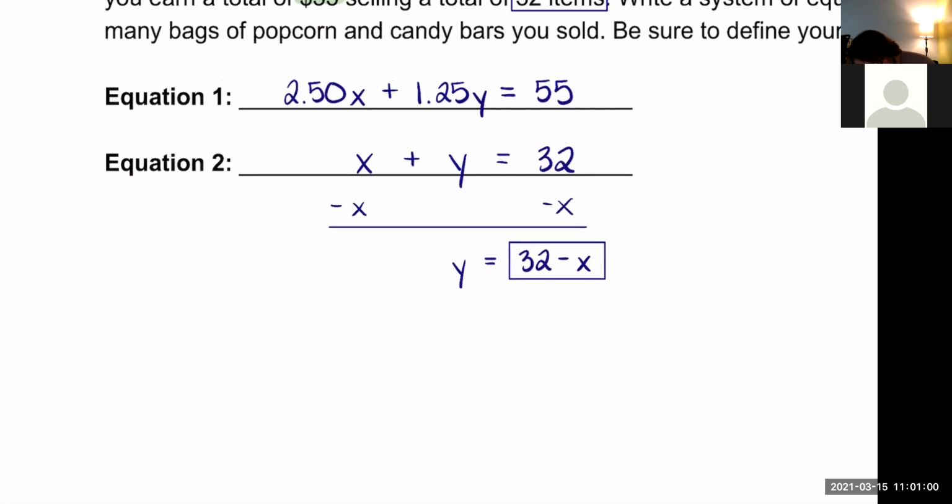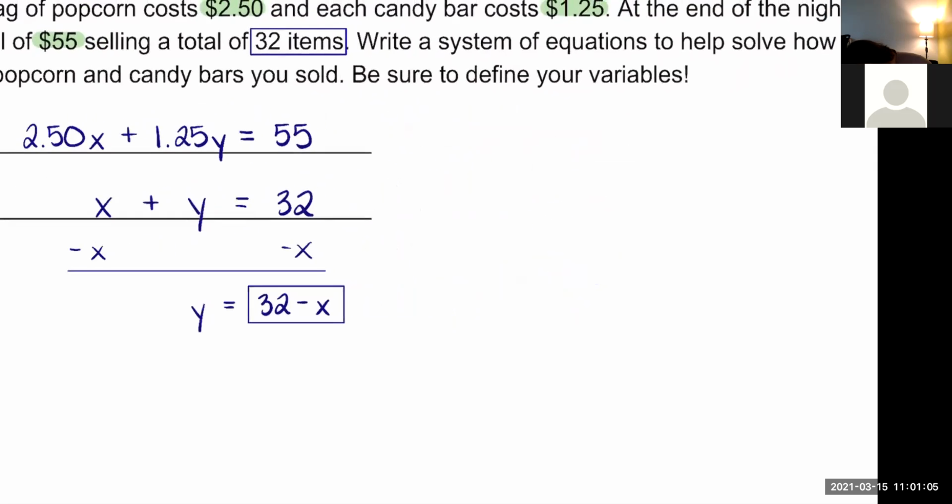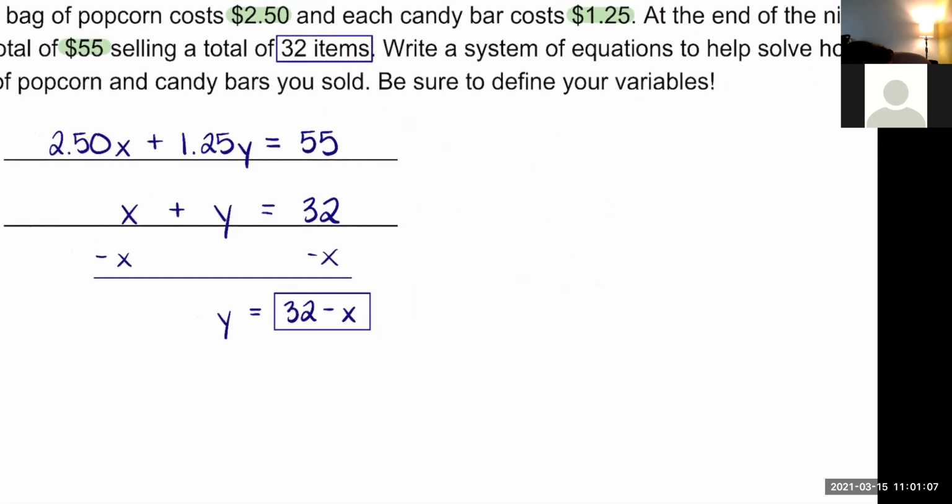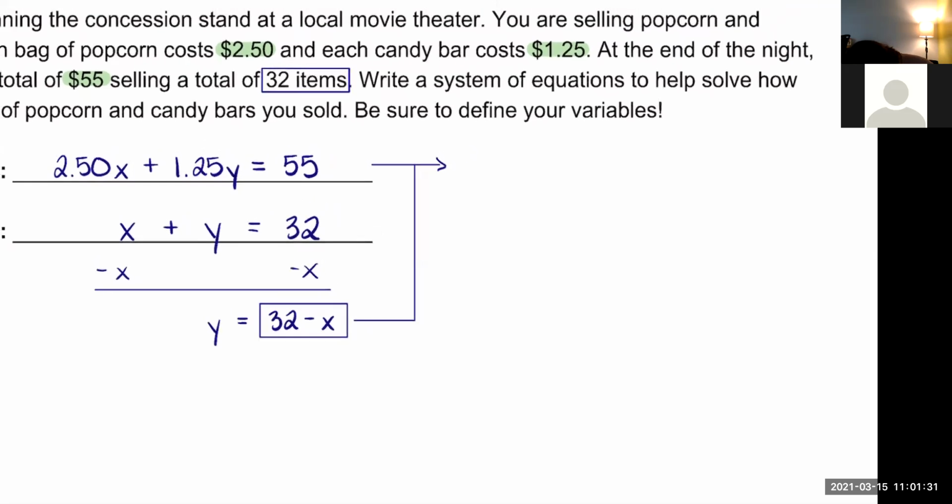Well, if I think about it, I have a second equation that has a Y in it. So if I take the top equation, and when I get to the Y, I replace it with 32 minus X, I should be able to get an equation that I can then solve.